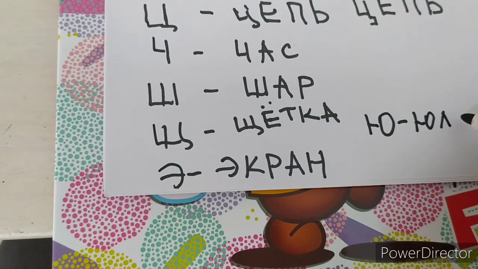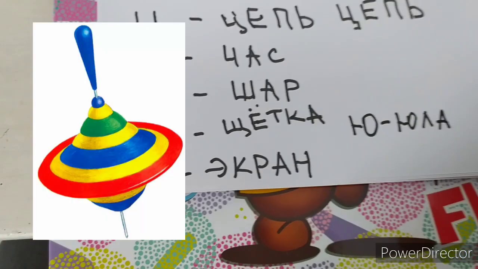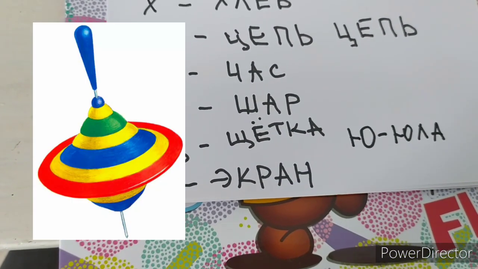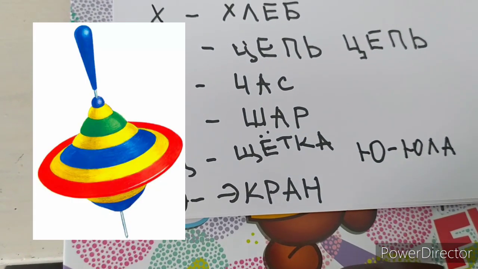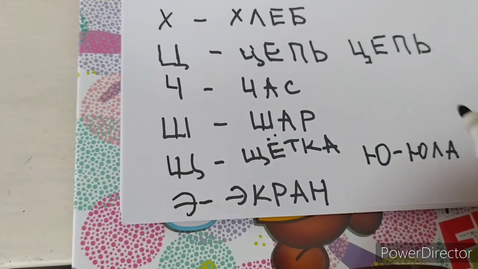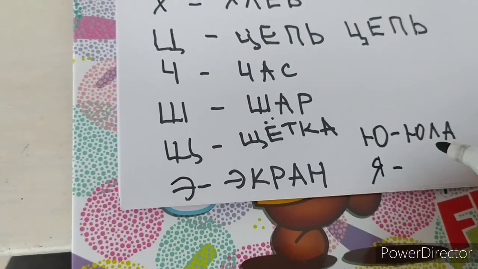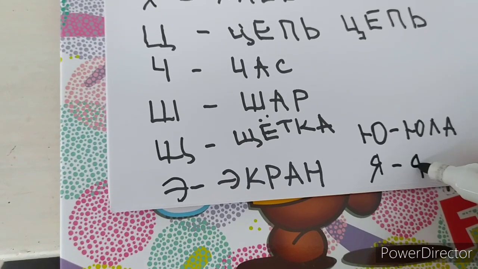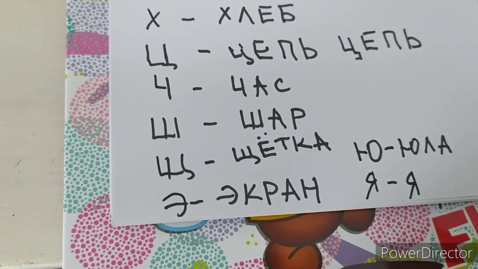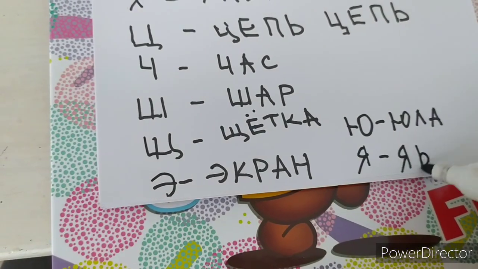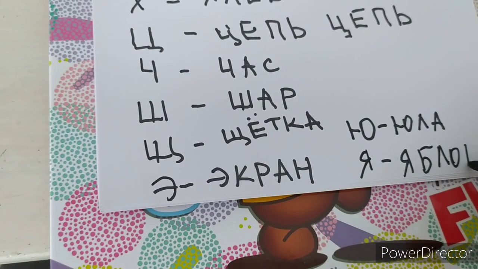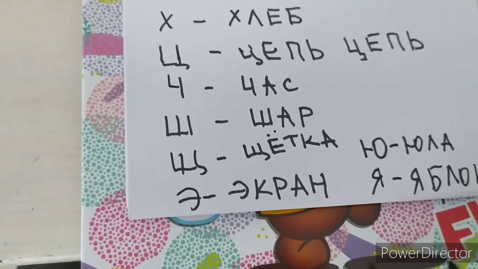Юла, например. Юла, it's a yo-yo. Юла, yeah. Юла, kids love it. And yeah, you can say я, or simply I, yeah, me, or яблоко. Яблоко, you know, apple, yeah, an apple.